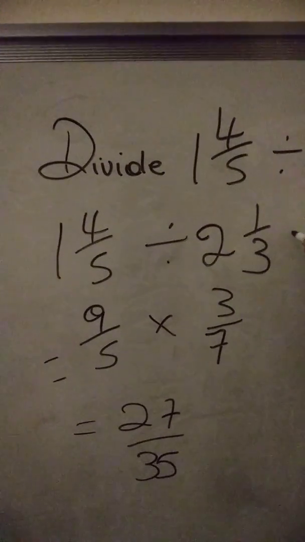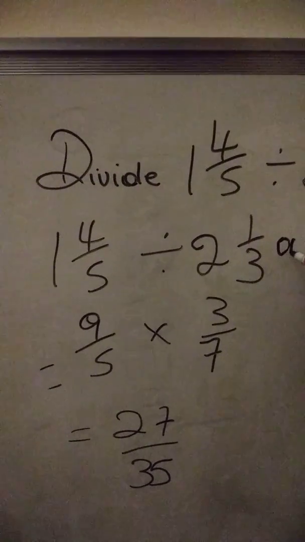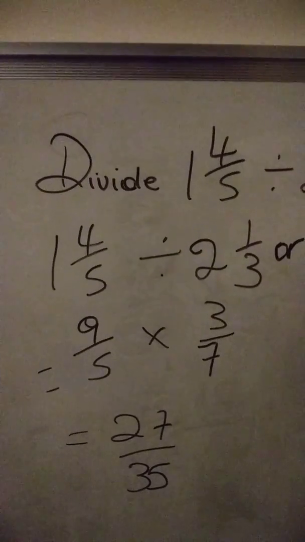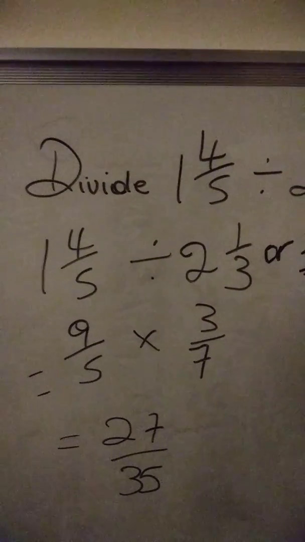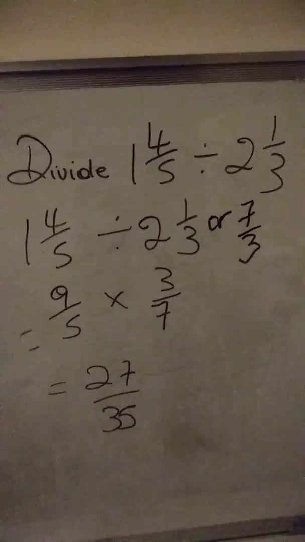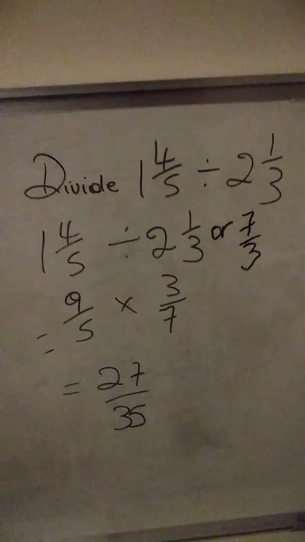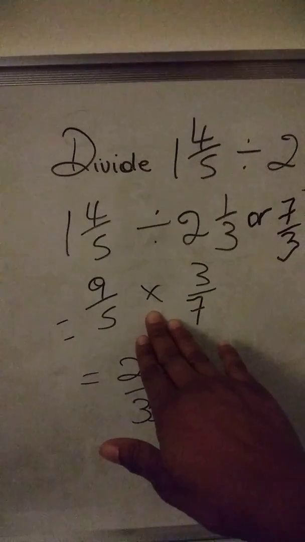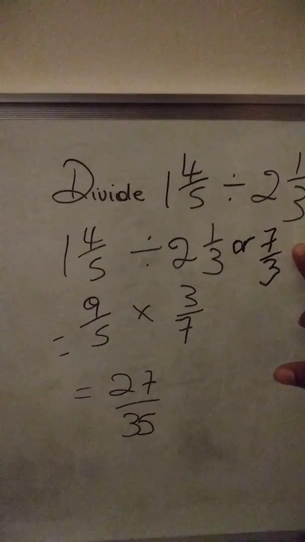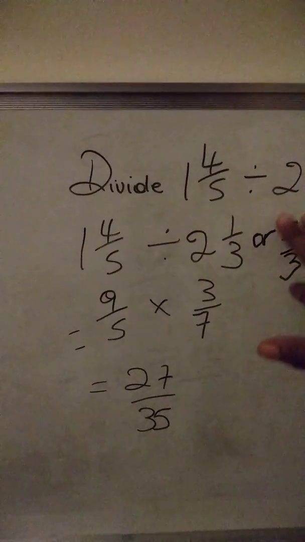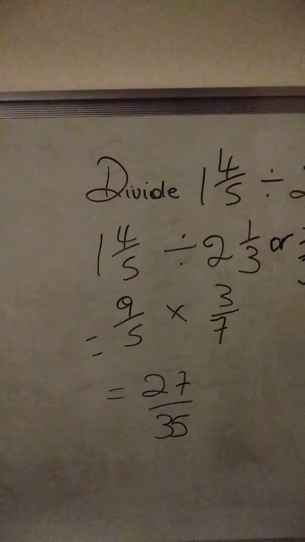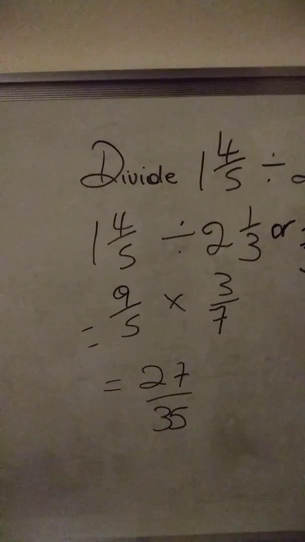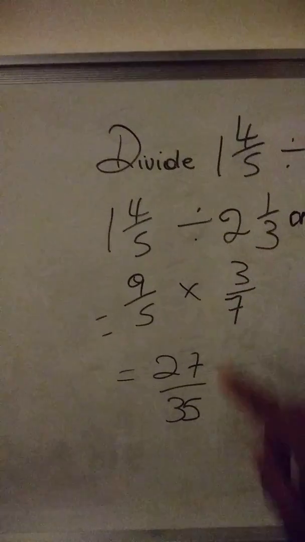Another way of writing this mixed fraction is 7/3. But when you change the division sign to a multiplication sign, this number here is going to invert. We're going to turn it upside down. So instead of having 7/3, we're going to have 3/7.